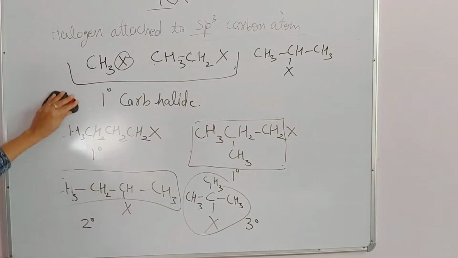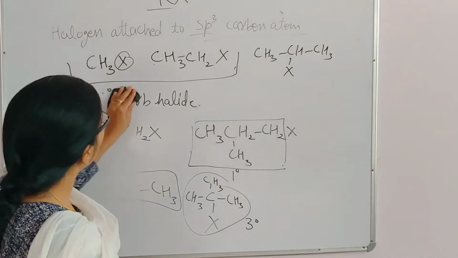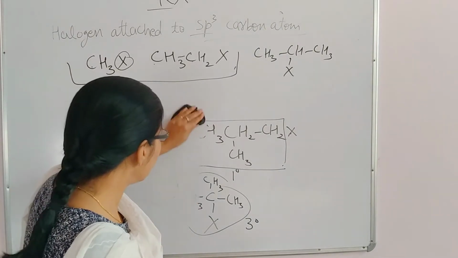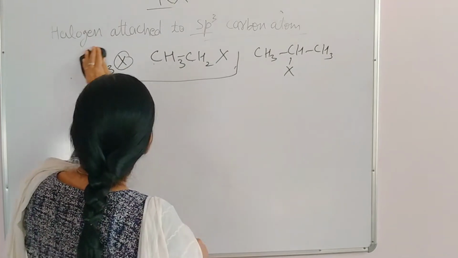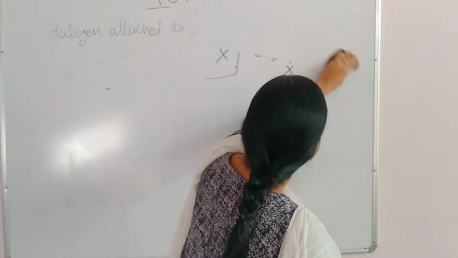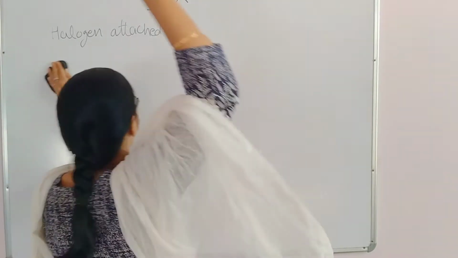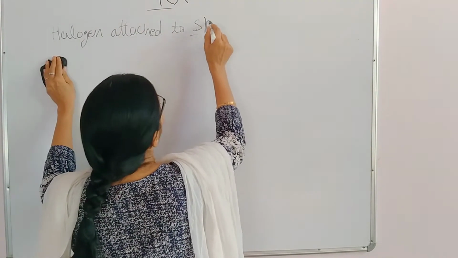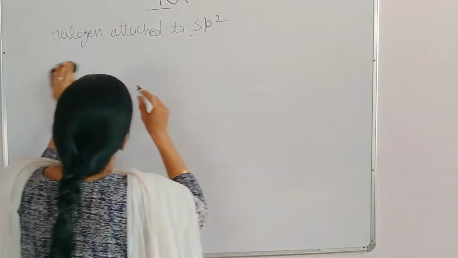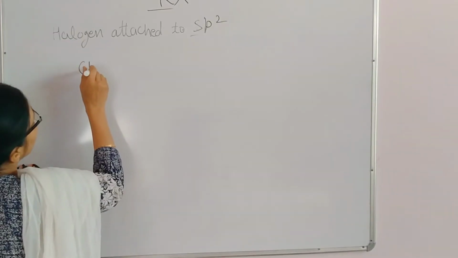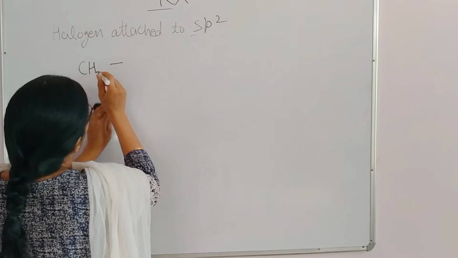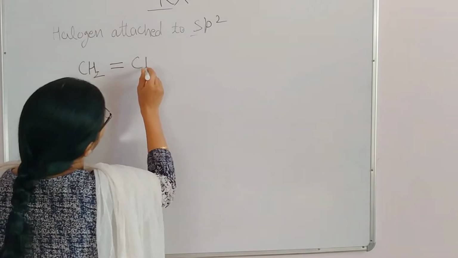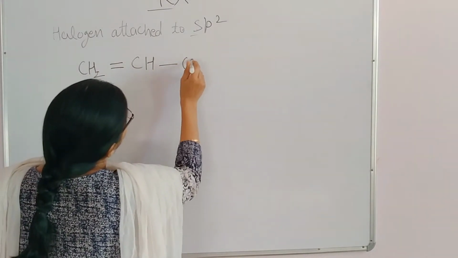Now, after this classification, we will do another type of classification. Now halogen is attached to sp2 hybridized carbon atom. sp2 carbon, this is quite popular. CH2=CHX.